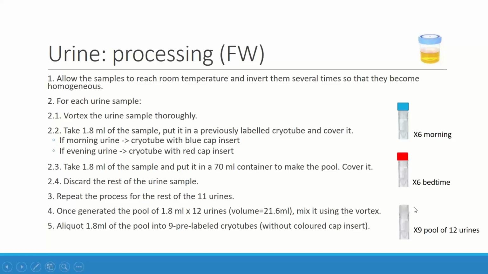So with the different colors, we will be able to track which type of sample we have. And here you have the process to create this pool, that is just putting a specific volume of each one of the 12 urines in a big container, vortex it very well, mix it very well, and then create the pool. Is there any question on this part?